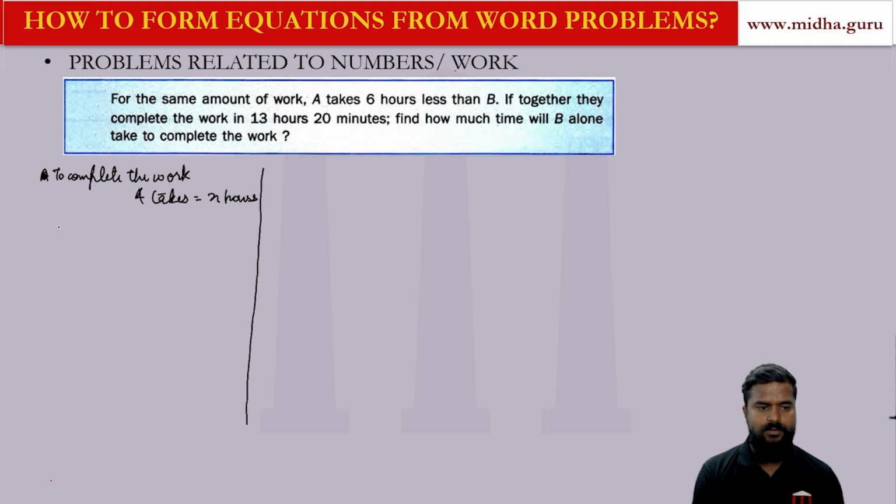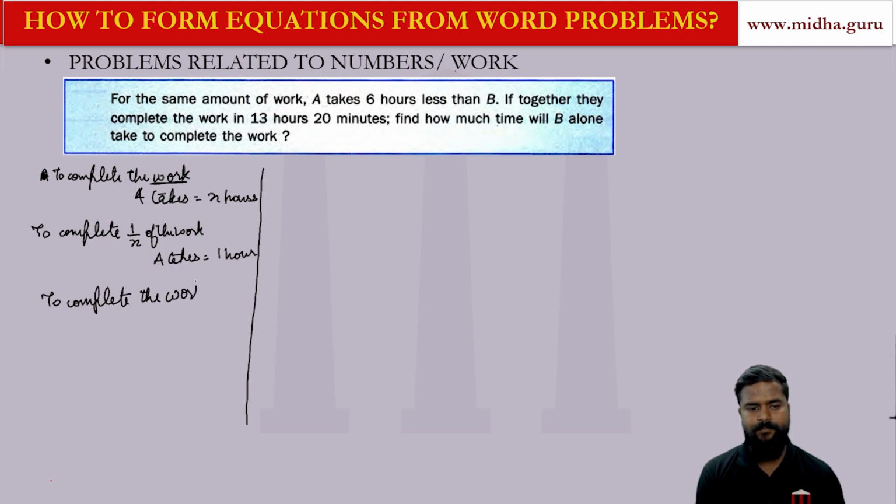If the work is 1 unit, we can divide both sides by X. So we'll say 1 by X of the work, A takes 1 hour.